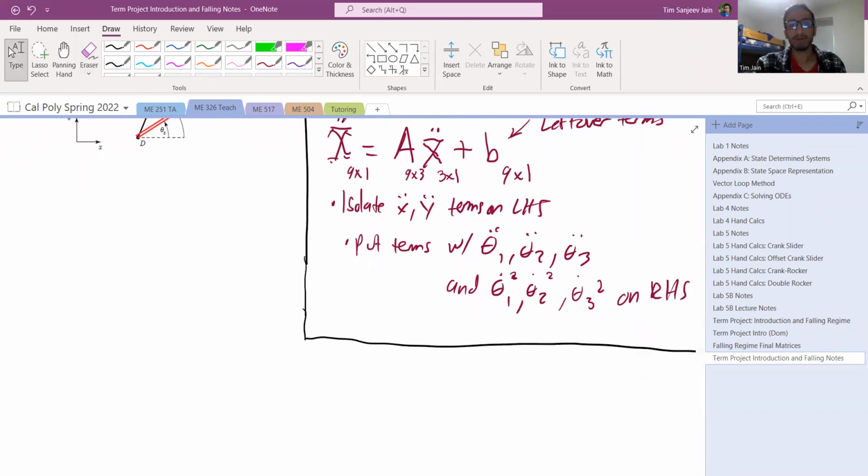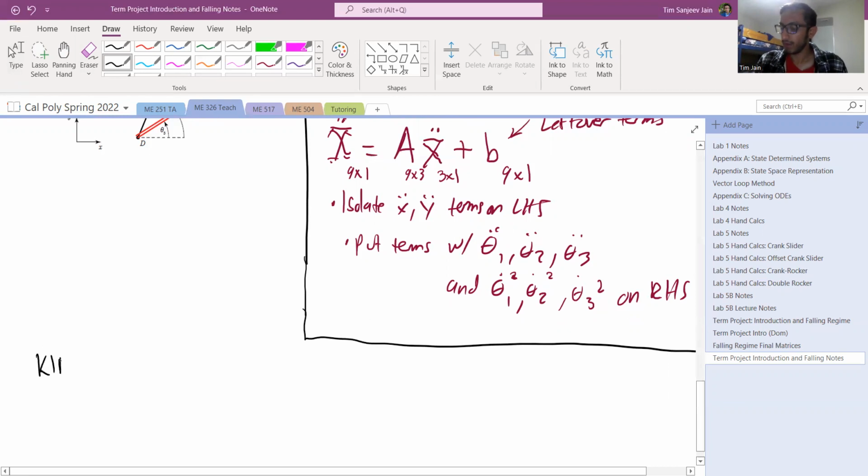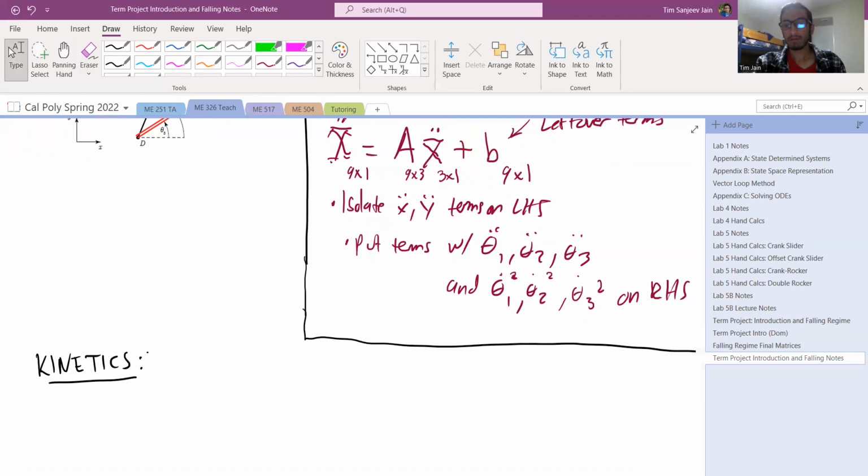Now, we're going to go over kinetics. Because we have centers of mass at each of the links, we have gravity forces that are acting at each of the centers of mass.